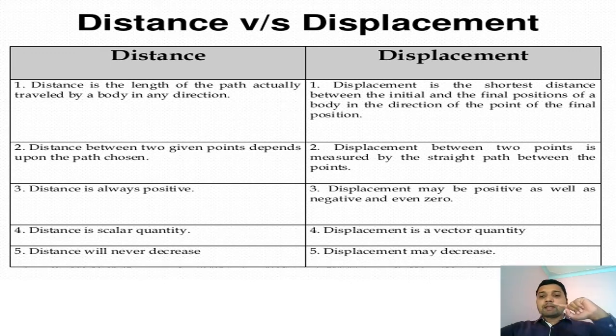The distance here is the circumference of the circle, the path covered by the body. Distance is a scalar quantity whereas displacement is a vector quantity. Distance never decreases and is never negative, but displacement can be zero, negative, or positive. So this is the difference between distance and displacement.